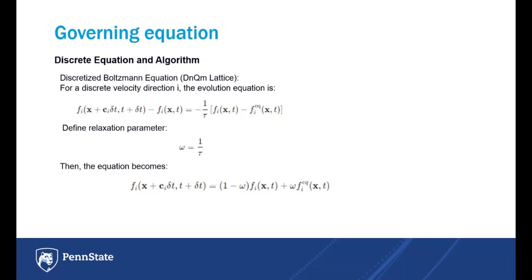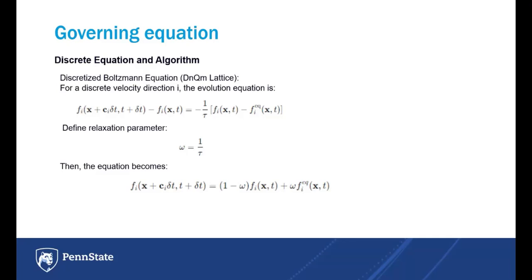To control the speed of this relaxation, we define a relaxation parameter omega, the inverse of the relaxation time tau. This allows us to rewrite the LBM in a more compact form.